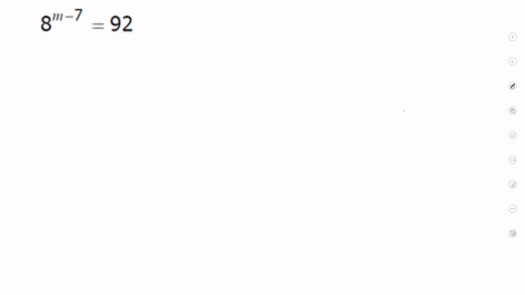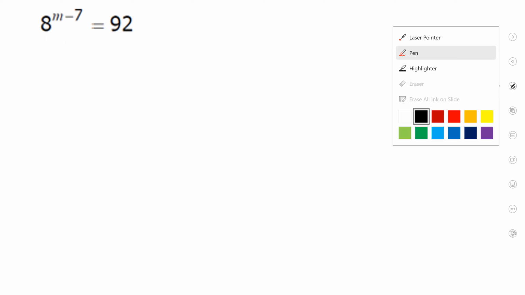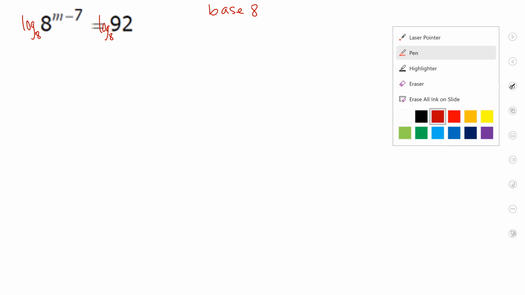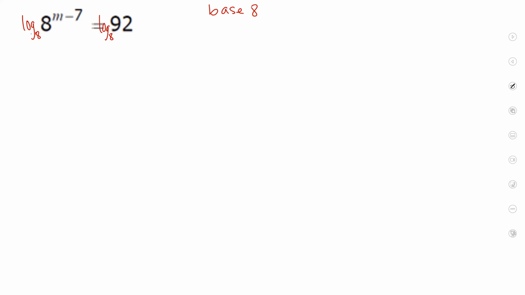Okay, so here, what is my base? Yes, the base is 8. I'm going to write that up here. The base is 8. That means I'm going to take log with the base 8 on both sides. Log base 8 and an exponential with base 8 cancel out.